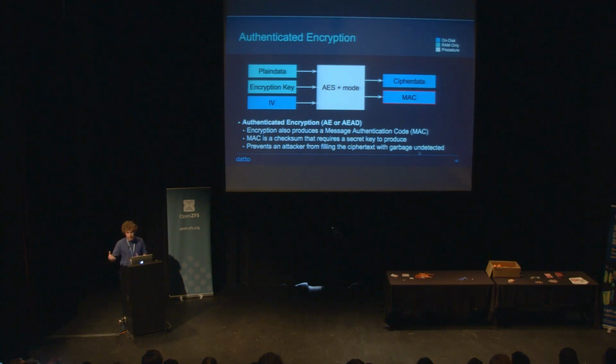So basically, when we go to decrypt this data, we can check the resulting MAC from decryption against what we actually had, and we can make sure that since nobody else had our secret key, if the MAC doesn't match up exactly, then we know that somebody tried to alter the data.